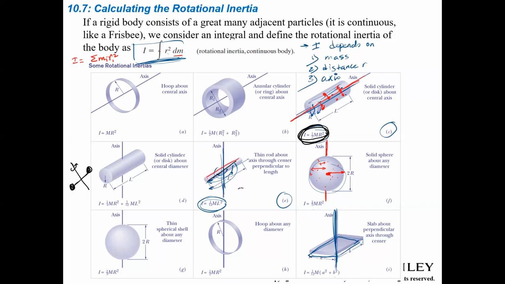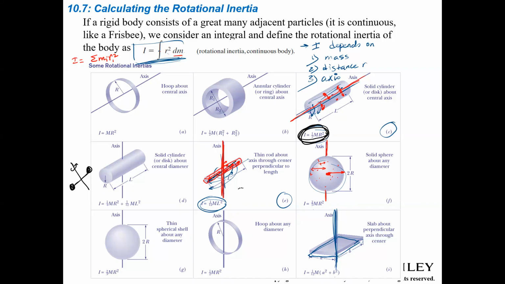Whereas this rod, the axis now is perpendicular to its own axis. You can see how the points have new distances to think of. And thus, we have a new integration to work on, and the rotational inertia will not look the same, even if the two rods have the same mass. So what you are rotating around is just as important as the shape of the object itself.